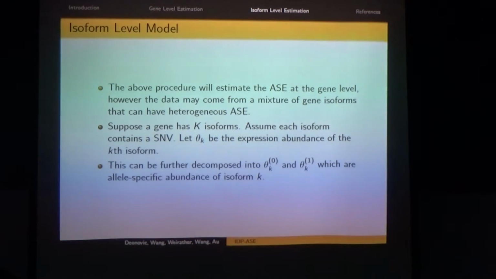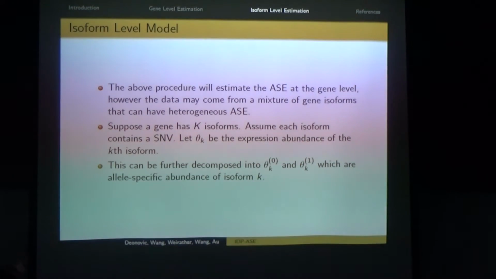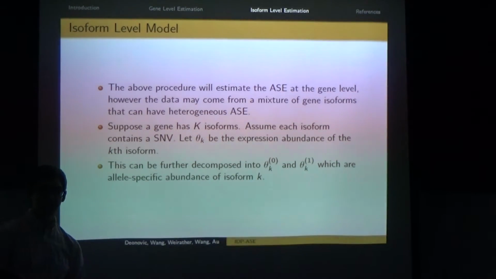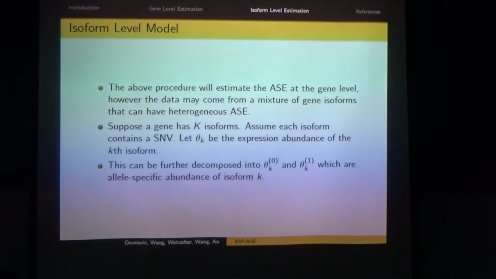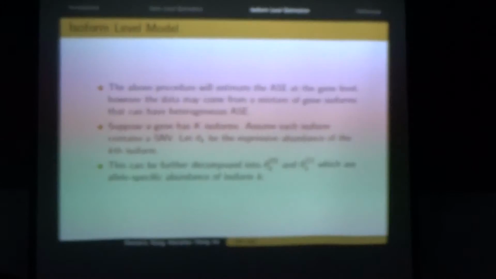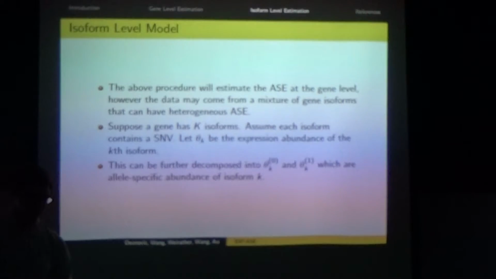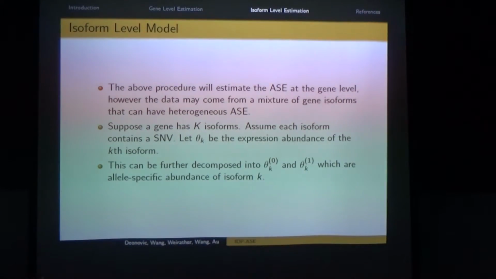Assume each isoform contains a variant, and let theta k be the expression abundance of each isoform. You might obtain estimates of theta k using something like Cufflinks or RSEM or our IDP software. Now this theta k can be further decomposed into theta k0 and theta k1, which are the allele-specific abundance of isoform k.